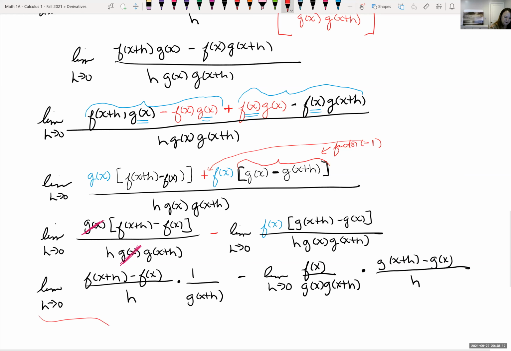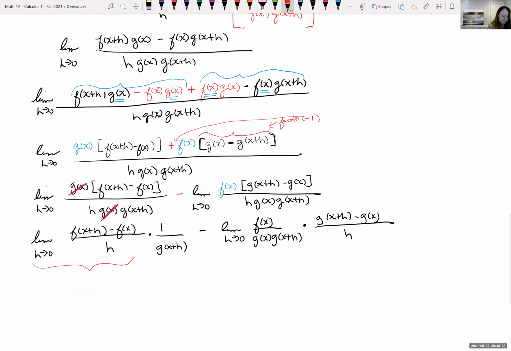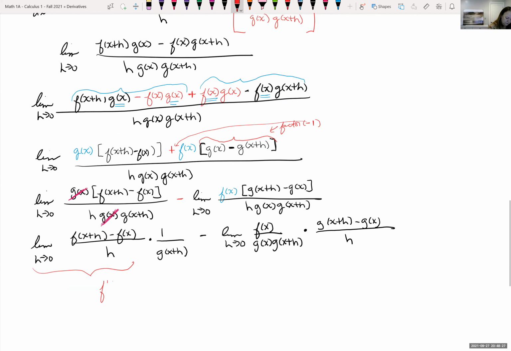So this first piece in here, that's just the derivative of my function f of x. So this is f prime of x. If you plug in 0 wherever you see an h in this 1 over g of x plus h, notice that that is just 1 over g of x.